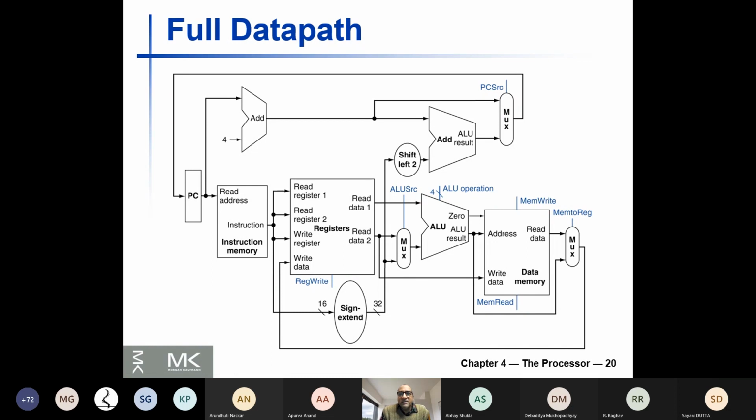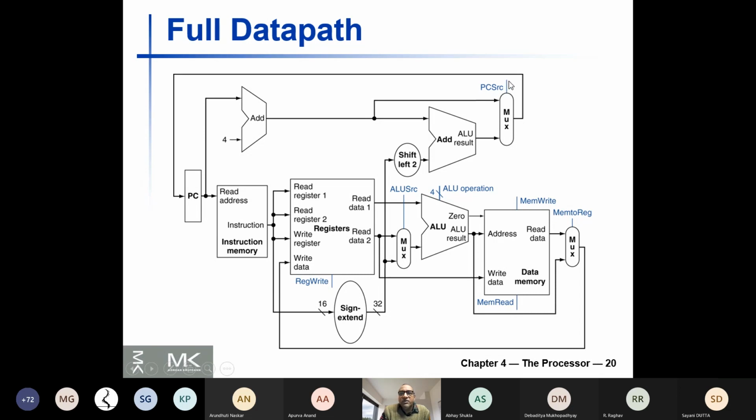Among these multiple signals, at any time only one signal has to be driven as input, and for that purpose we use multiplexers. Here you can see in case of the ALU, one multiplexer between the two inputs: one is from the immediate addressing, and the other is from the register. So out of these two, one has to be given as the input, and therefore a multiplexer is required.